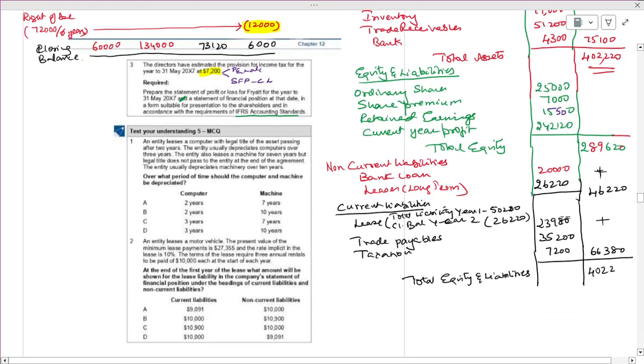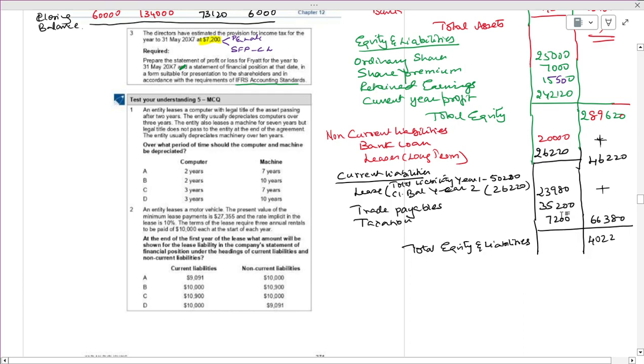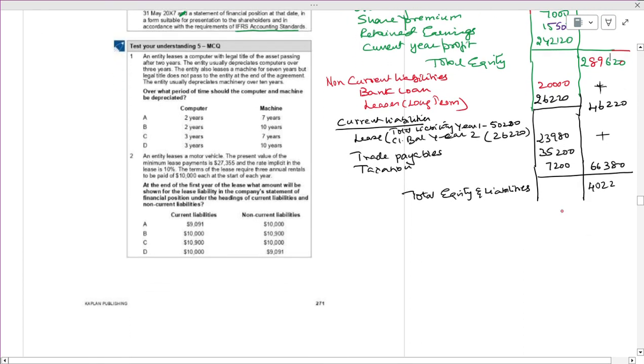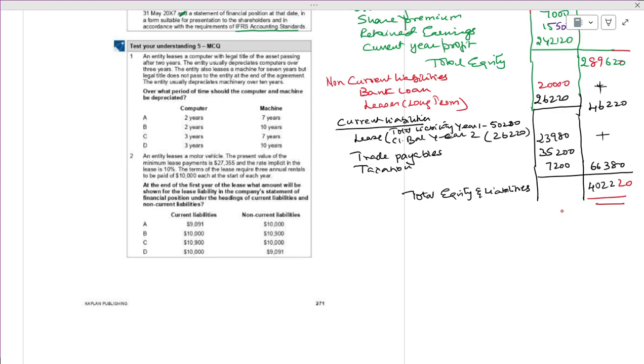Here was the mistake. Total, how much? Now it tallies, 402,220. 289,620.